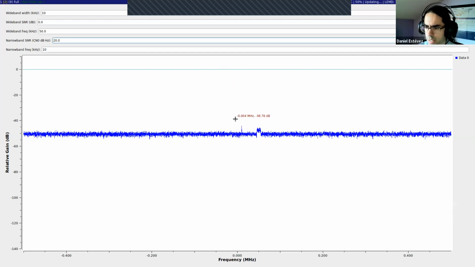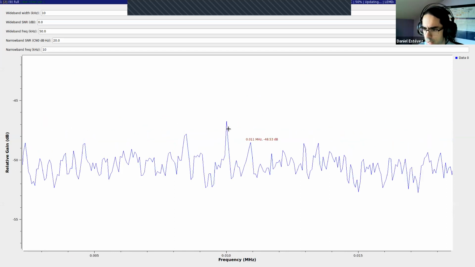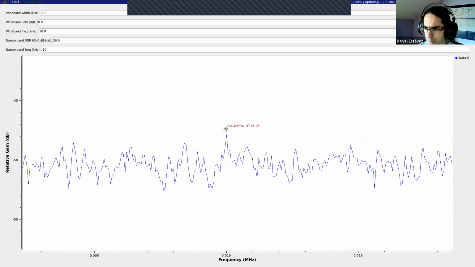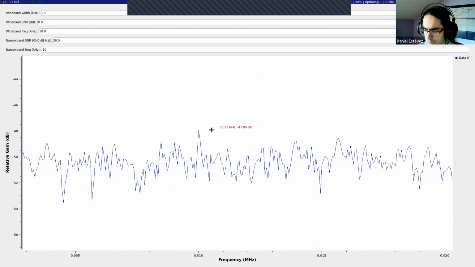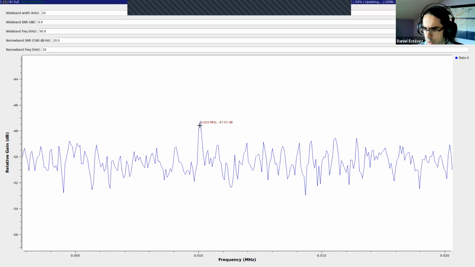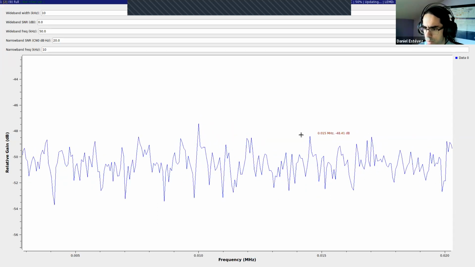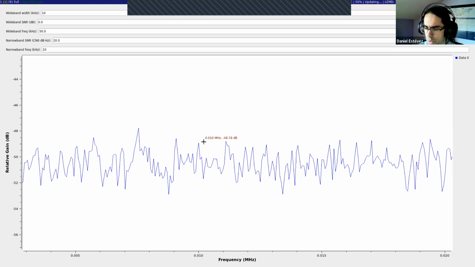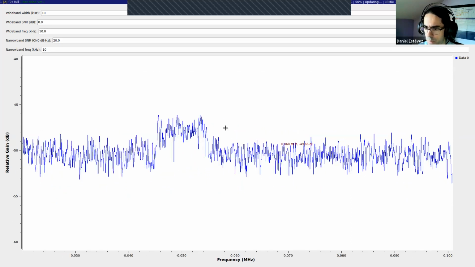We want to detect signals as weak as possible. And already for the narrowband signal, we can see that it's still there because we know that it's still there, but it's fairly difficult to see if we didn't know. And it even goes down sometimes. So sometimes it's even weaker than the surrounding noise. So definitely we need some kind of improved processing.